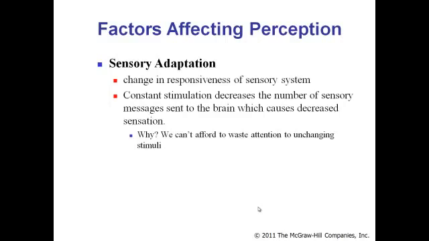If we were, we'd kind of go nuts. So we reduce our responsiveness to stimuli that are constant, that are unchanging. Because constant stimuli we see as not threatening, not dangerous, and we just put it in the background and don't pay attention to it.